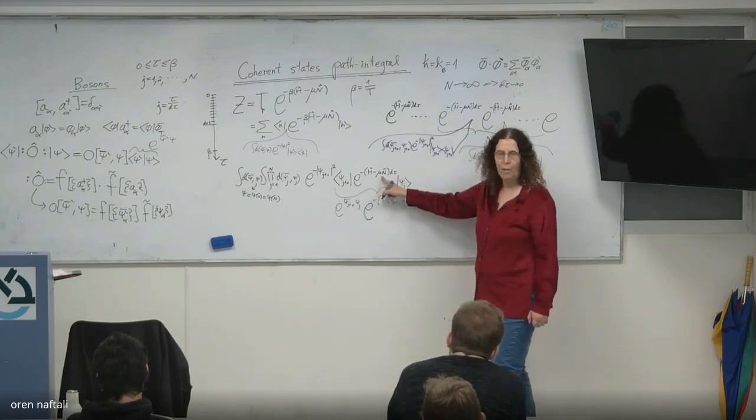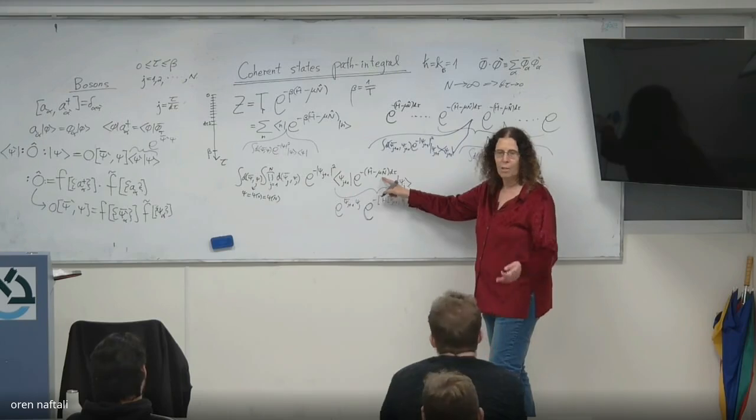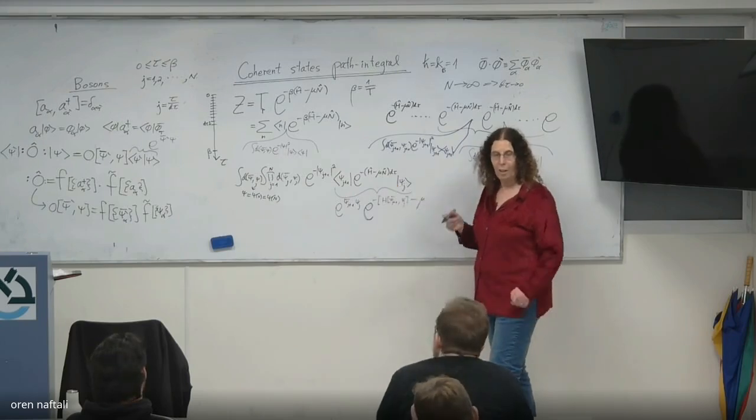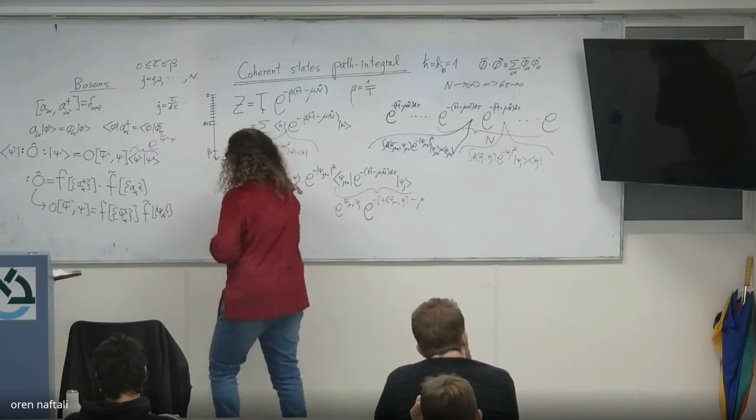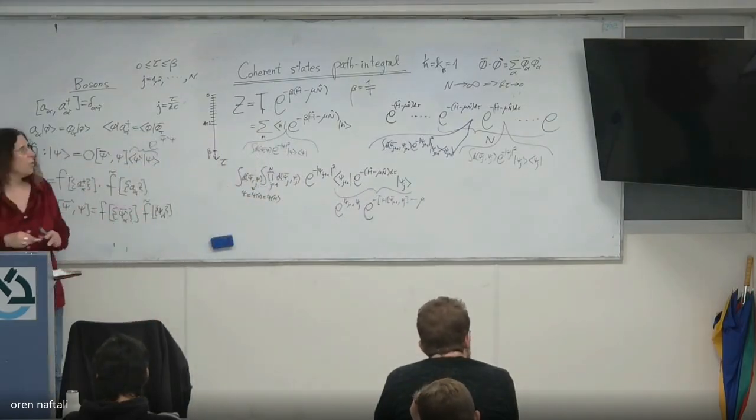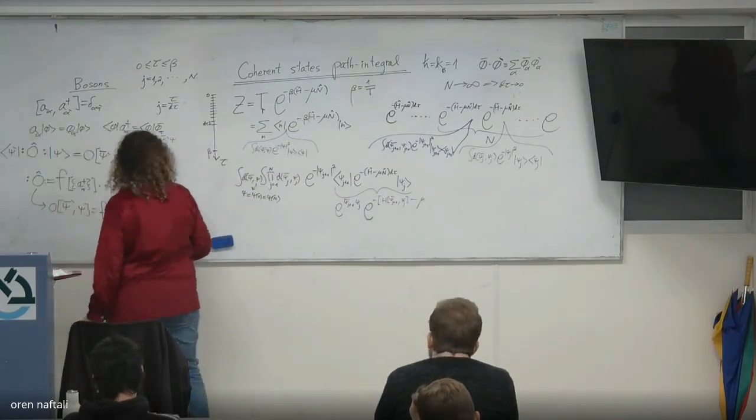The number operator, if you remember, is just the sum over alpha of a dagger alpha a alpha, right? Let me write it down explicitly. It's just the total number.